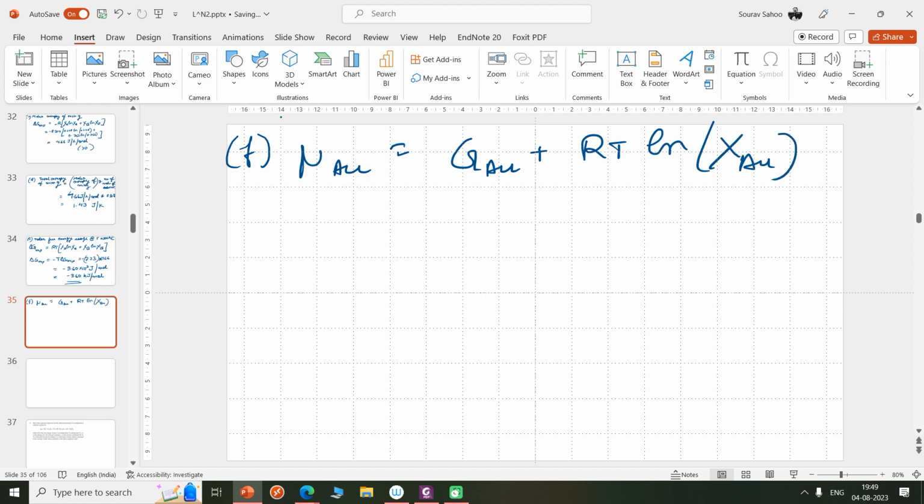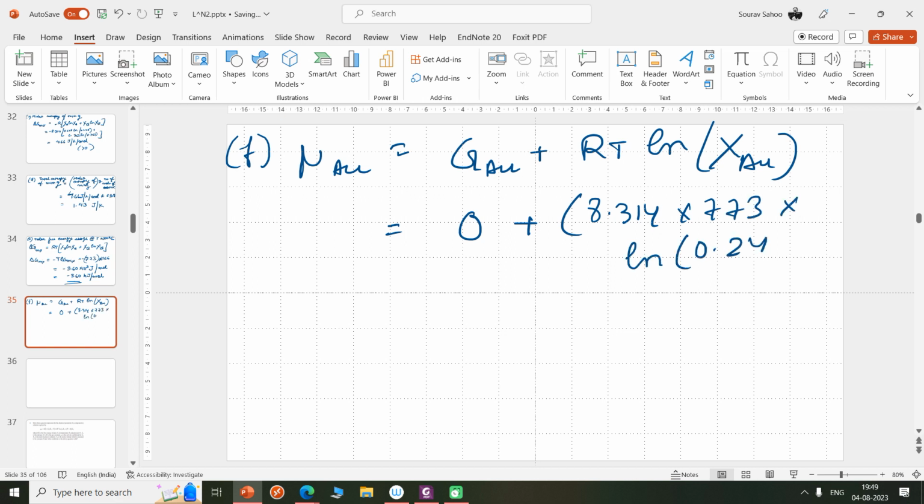That will give me 0 plus 8.314 times 773 Kelvin times the natural logarithm of the mole fraction we calculated, 0.248. This gives minus 8.96 kilojoule per mole. So this is the chemical potential of gold.